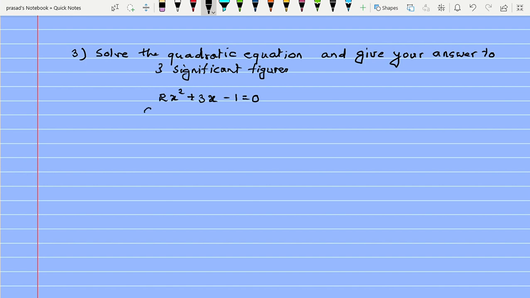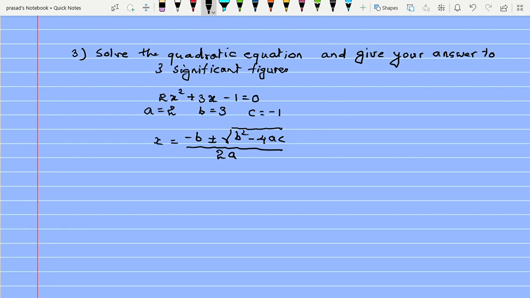Here a is equal to 2, b is equal to 3, c is negative 1. Use the quadratic formula. x is minus b plus or minus root b square minus 4ac upon 2a.